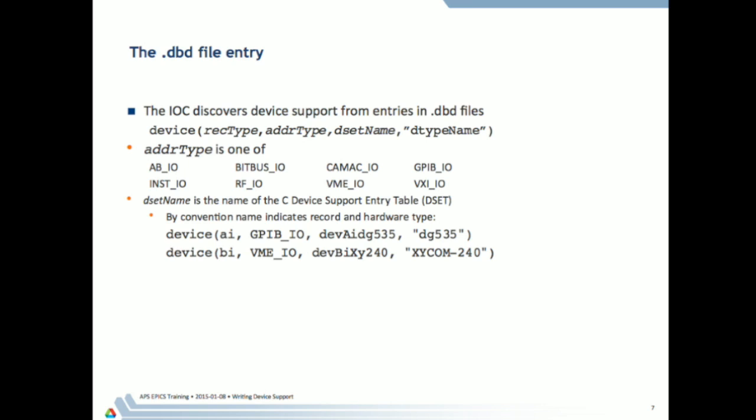So devAiDG535 would be the dset for a device entry for an analog input record talking to a DG535 module, and so on. So that's just a convention. You can change that and do other things, but that's what most people will expect if they need to look at your code and understand it.